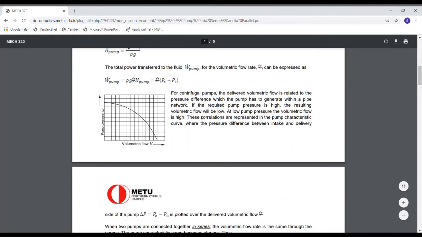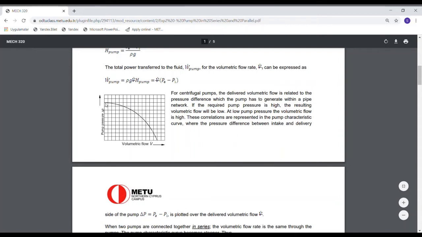For centrifugal pumps, the delivered volumetric flow rate is related to the pressure difference which the pump has to generate within a pipe network. If the required pump pressure is high, the resulting volumetric flow will be low. And if the pump pressure is low, the resulting volumetric flow will be high.